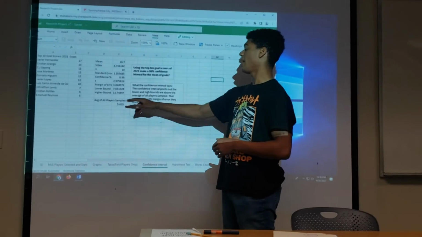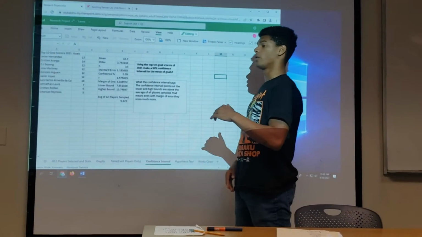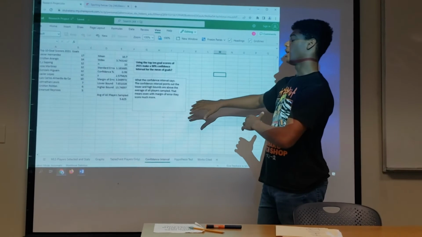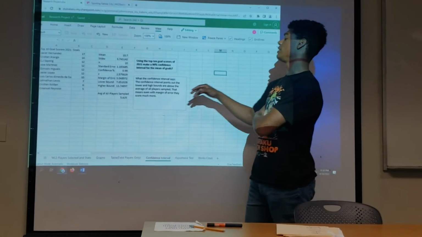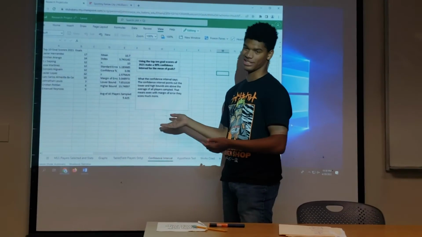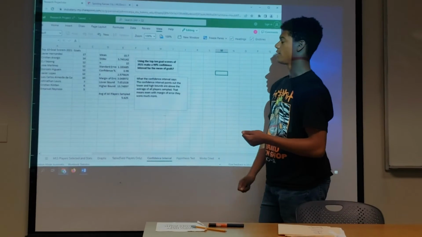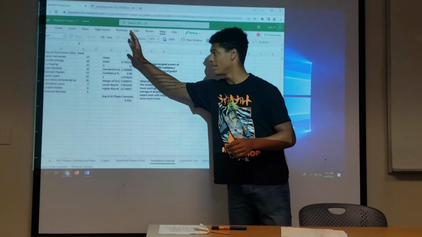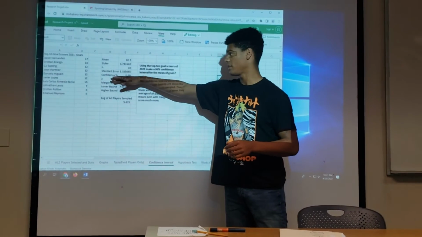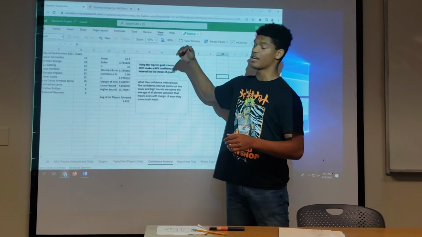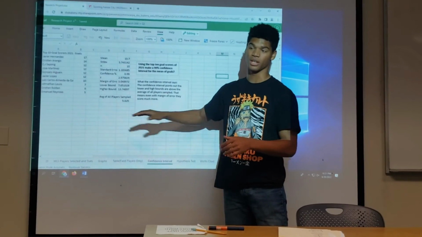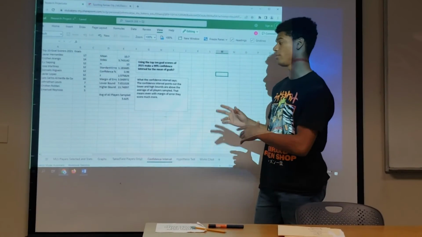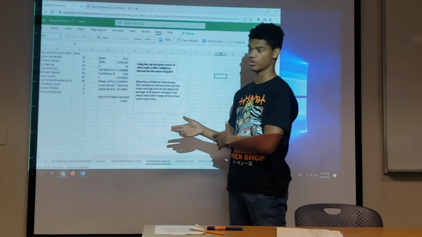And the average of all the players sampled, the average of the goals, is 5.6, which is really six goals. And so 99% of the time, we always expect the average of these top 10 goal scorers to be above the whole sample's average of goals scored.